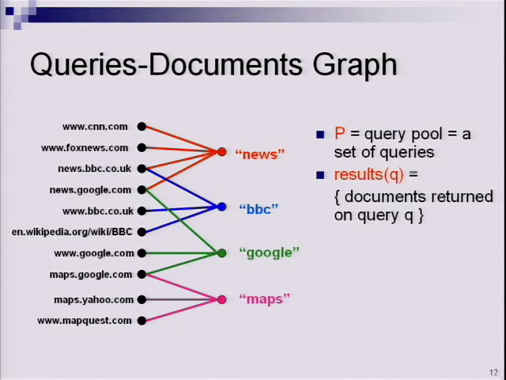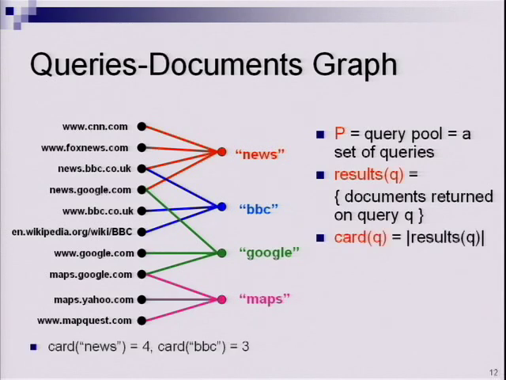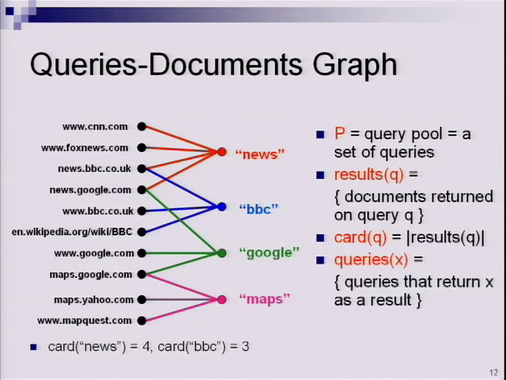For a query Q, we denote by results of Q the set of documents returned by the search engine when you send Q as a query. Results of news are the first 4 documents, as an example. Cardinality of Q is just the number of results returned. For a document X, queries of X is all the queries in our pool which will return X as one of the results.